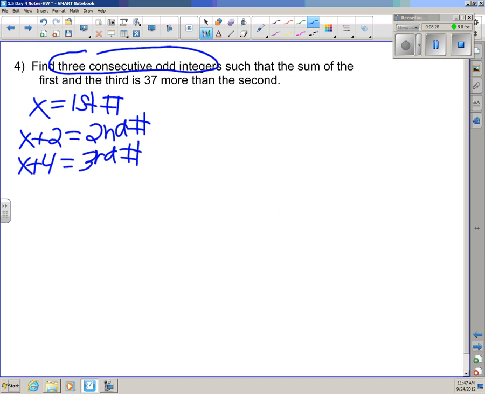So in English, it says the sum of the first and the third is, meaning equals, 37 more than the second. So basically, I know first plus third is 37 more than the second. Hopefully this makes sense. You're just translating it exactly how you see it.